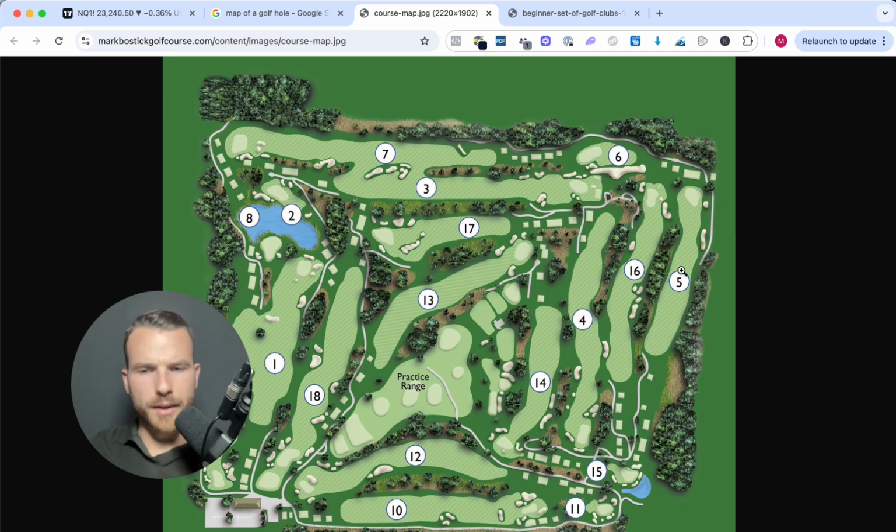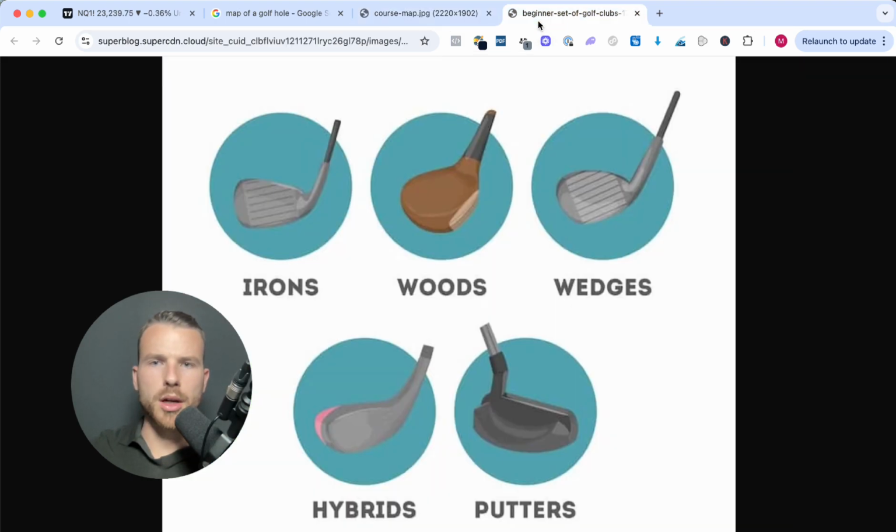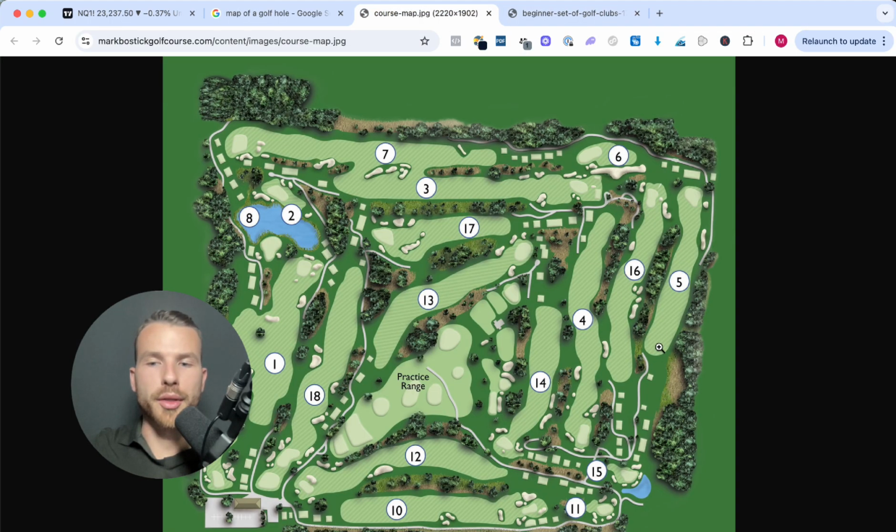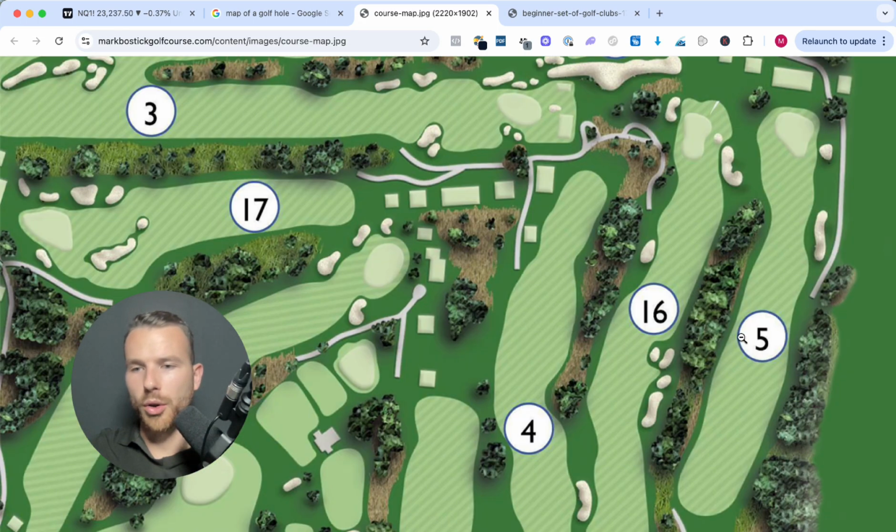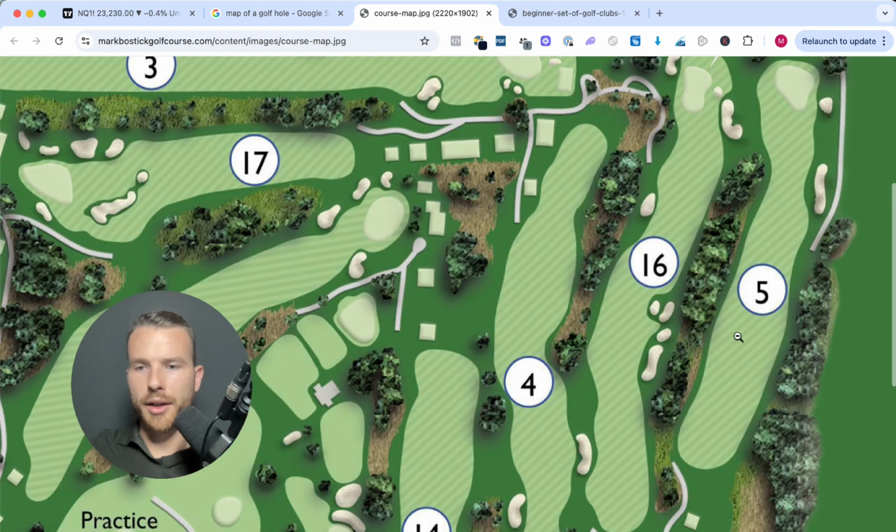So let's take a look at golf. If you play golf, you have a couple of different clubs. You have, for example, the driver, and then the most common ones, to be fair, are the irons, and you have a putter, which is not on the screen right now, but it's the one that you use to get the ball into the hole. What you usually do is start off with a driver. Let's say you are on hole number 5, and you start off with a driver. You want to get the ball from all the way down here as far as possible, close to the hole.